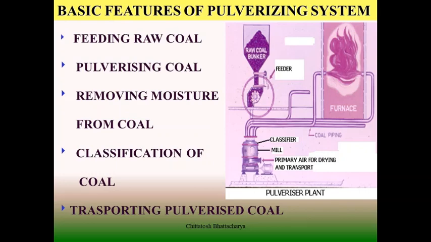Then during the process of pulverizing and circulation, there is classification of coal according to size, so that only the specified size of coal particles can go to the furnace for burning, and there is transporting of the pulverized coal.